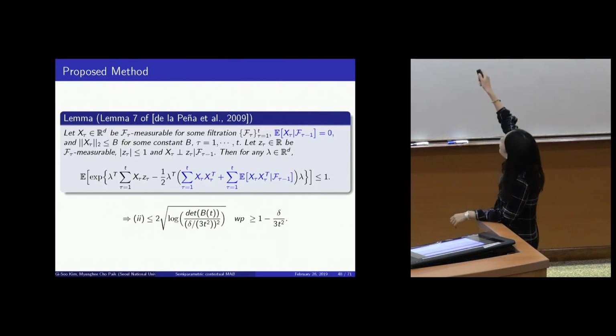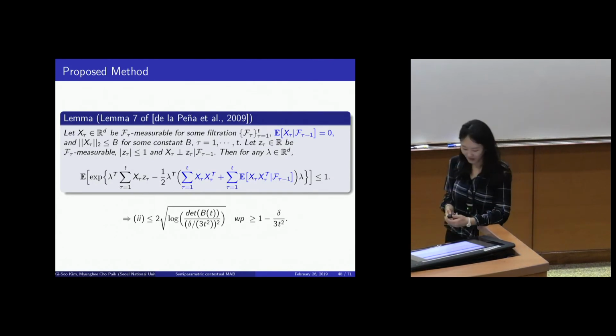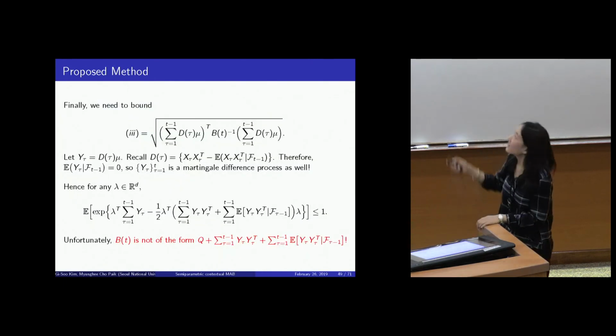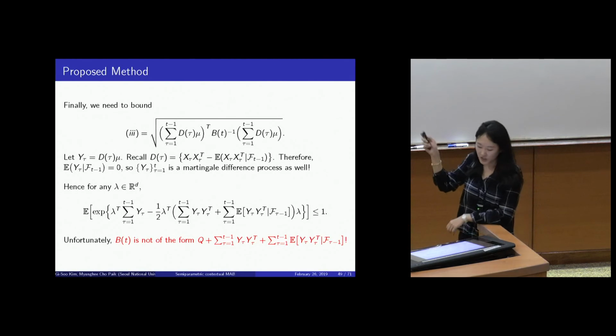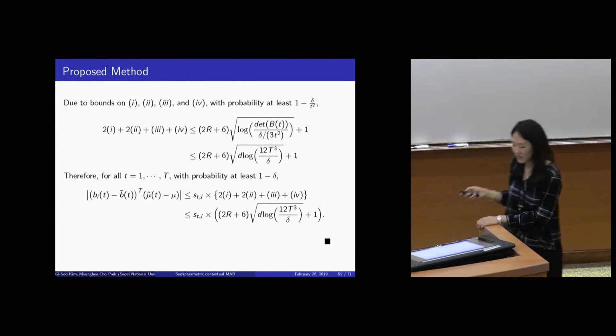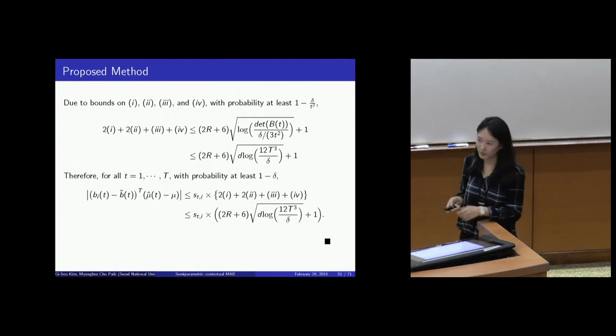And this is the reason why we needed a new term in the denominator. And we bounded the third term using a similar technique with some additional work. And so in conclusion, we could bound all the 4 terms and complete the proof.